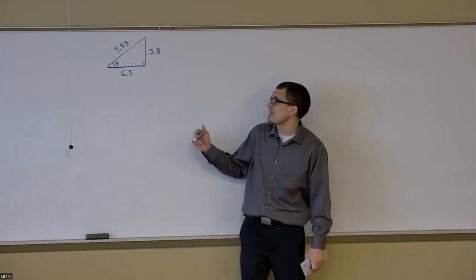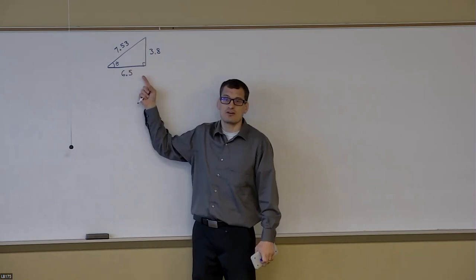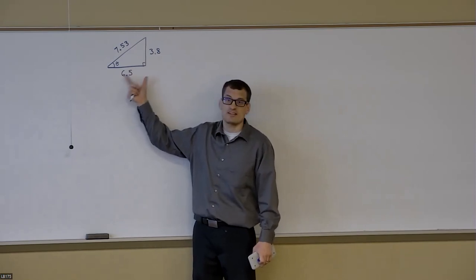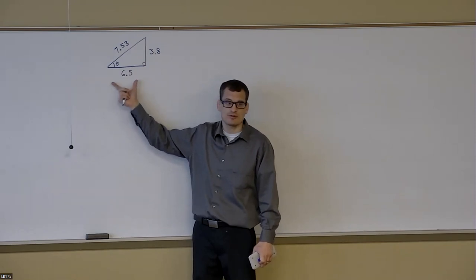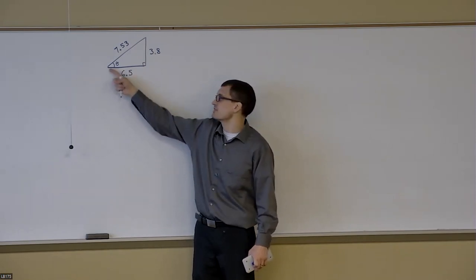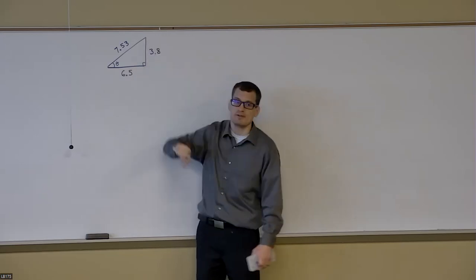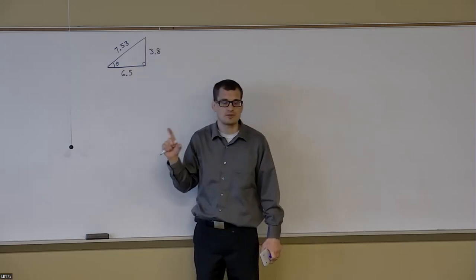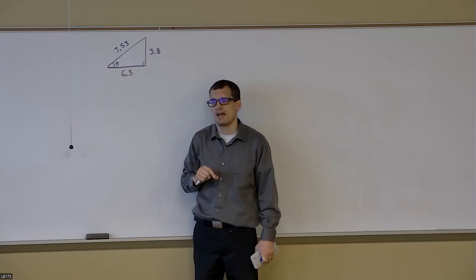So I have those. And again, when I draw a right triangle, these sides might not be to scale. In fact, in this case, they are not. If you put a ruler up here and you measure that distance and call it 6.5, this distance would not be a proper 3.8 to 6.5 ratio. Does that make sense? So be careful about that.